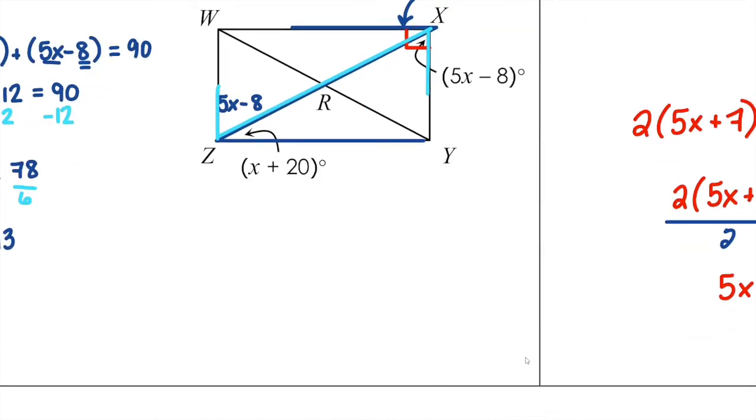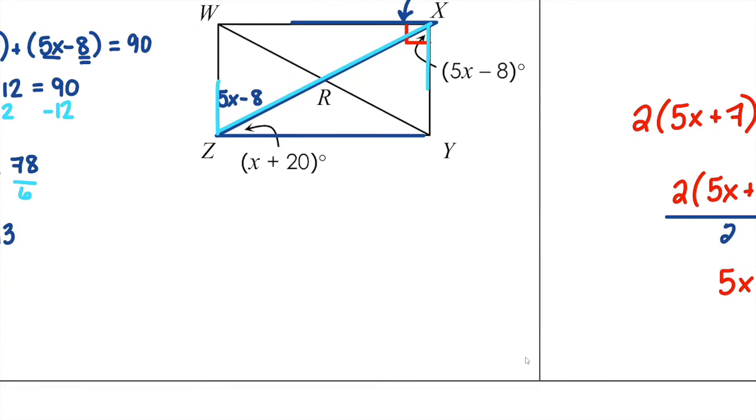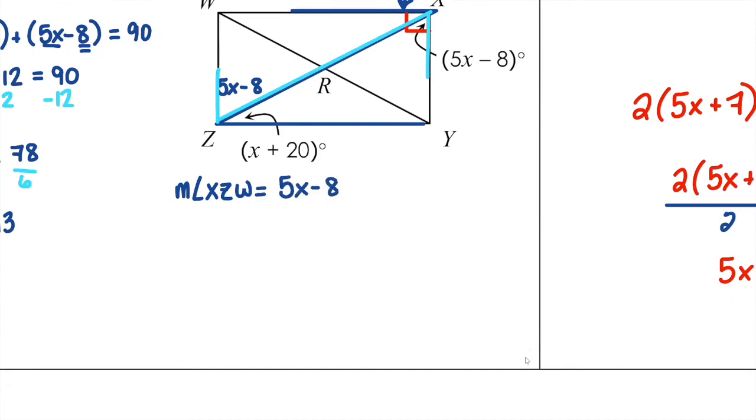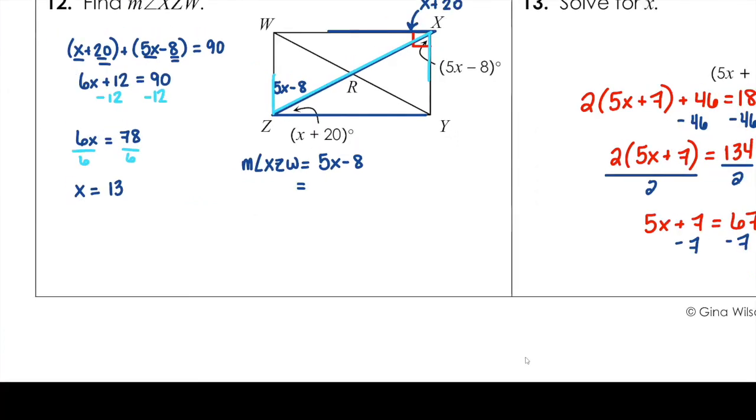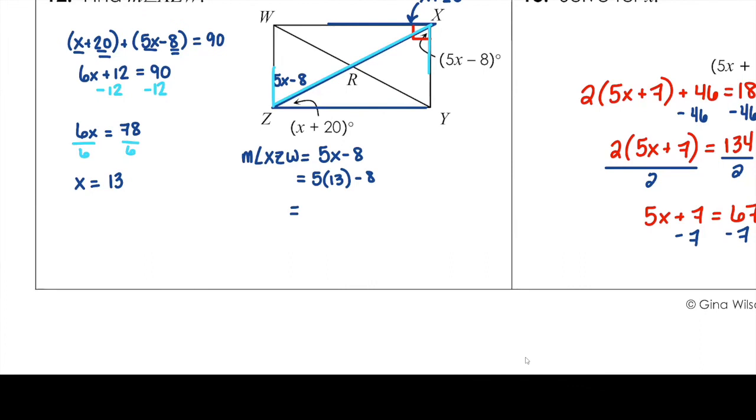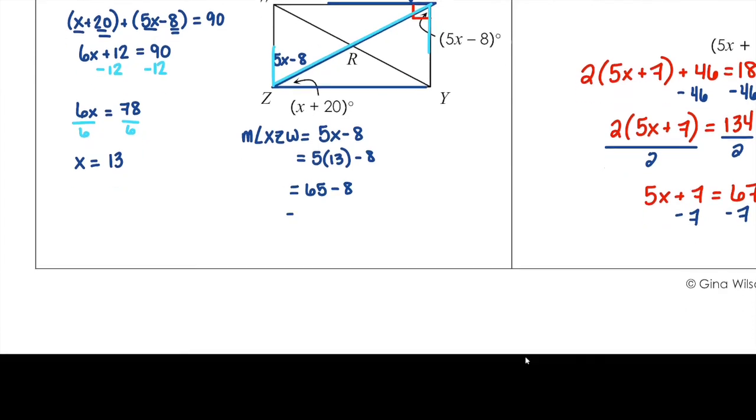So the measure of X, Z, W equals 5x minus 8. Substitute the value of x we just found, which was 13. 5 times 13 is 65. And 65 minus 8 is 57.